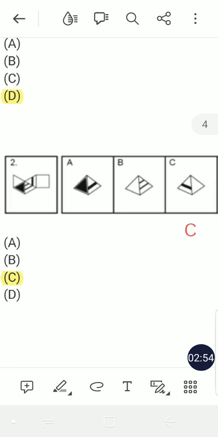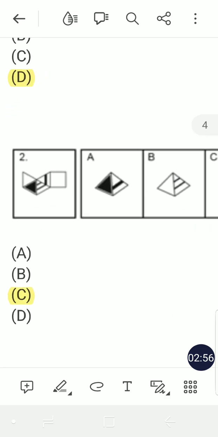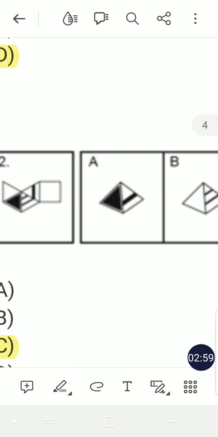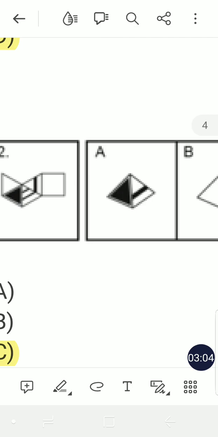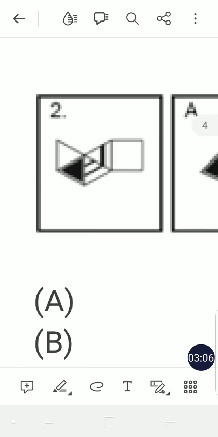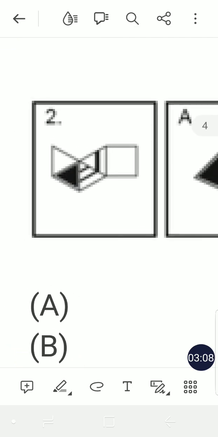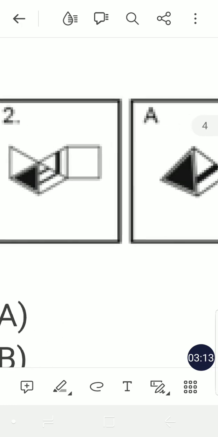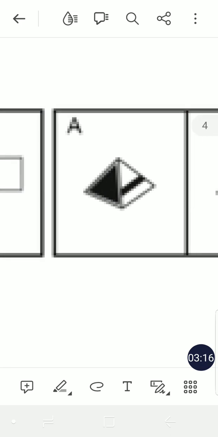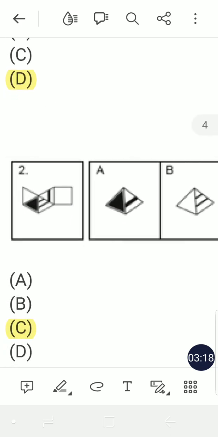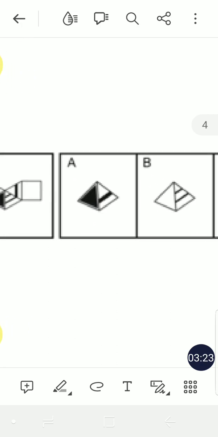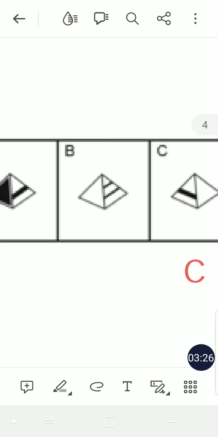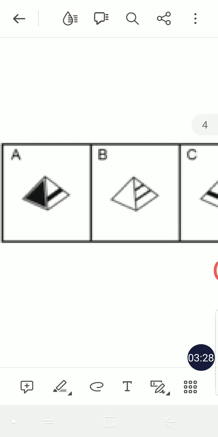So in here, the correct answer is C. If we look at A, it's eliminated right away because the dark triangle and the solid line are opposite to each other, whereas here in A, they're beside each other. So A is eliminated. Same thing, B is eliminated because the stripe there is right beside a plain white triangle.